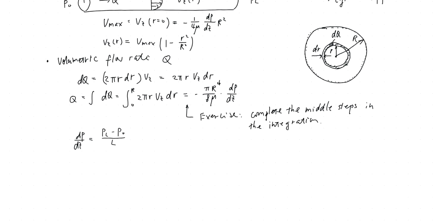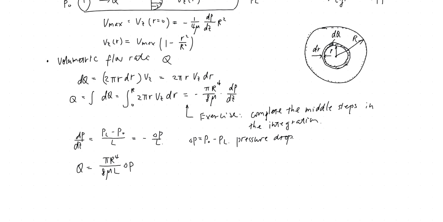So it is minus delta P divided by L. Recall that delta P is defined as the pressure drop across the pipe. So now we can rewrite our Q in a nicer way: π r to the power of 4 divided by 8 μ L, times delta P.